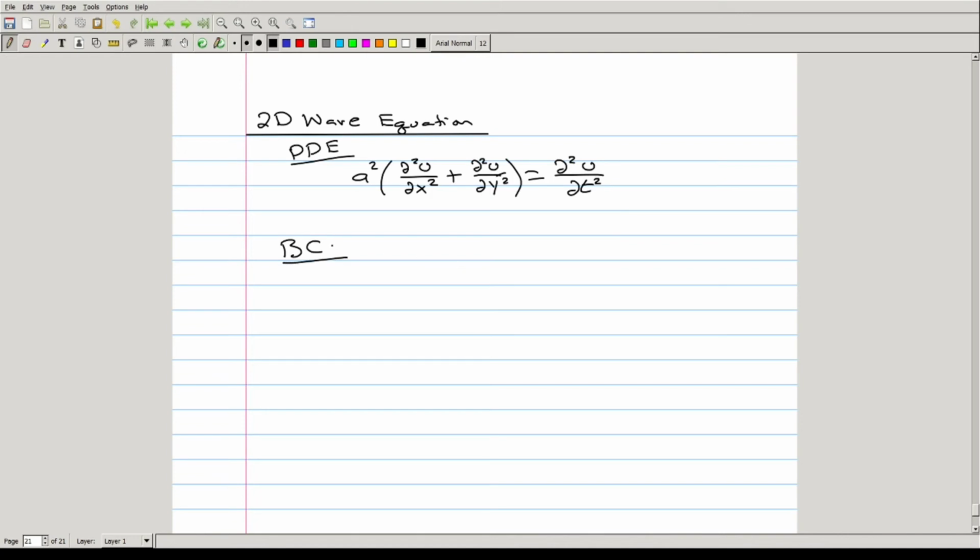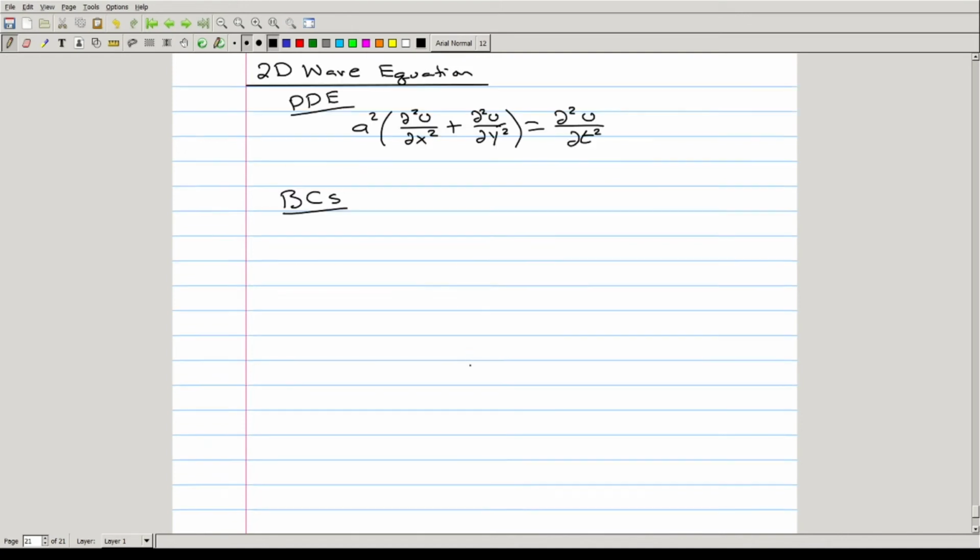We have some boundary conditions that we have to specify. Again, we're going to do this on the rectangle from 0 to b in x, and from 0 to c in y.